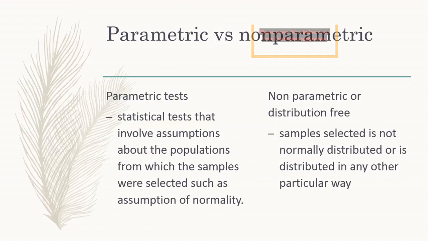Okay. So what's the difference between non-parametric and parametric? First, when you say parametric, these are actually statistical tests that involve assumptions about the populations from which samples were selected, such as the assumption of normality.